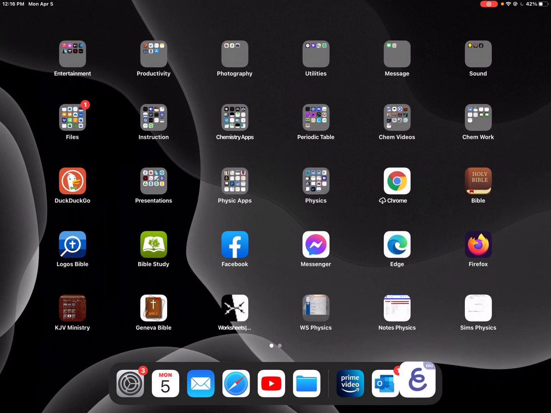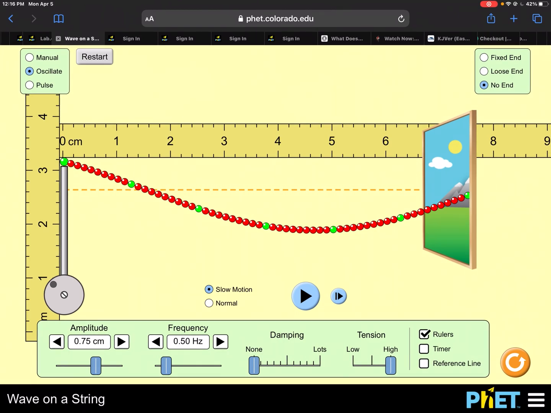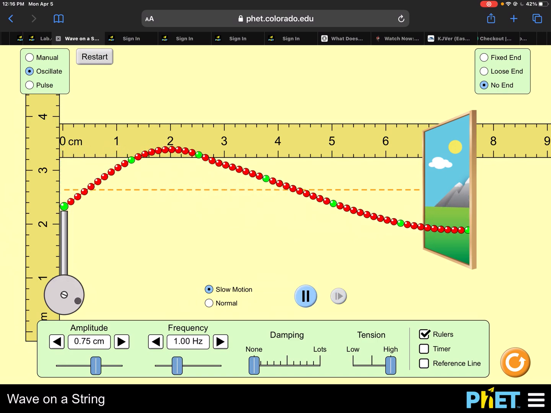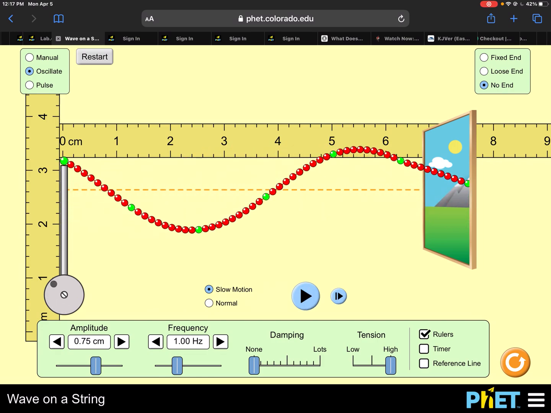So next, I set my frequency to 1.0. I'm going to play this again, and I want to stop it when it gets to 0 right there, to where that first green thing, my first crest, is at 0 centimeters. Then I measure to where the other crest is, where that green one is, right there at about 5.